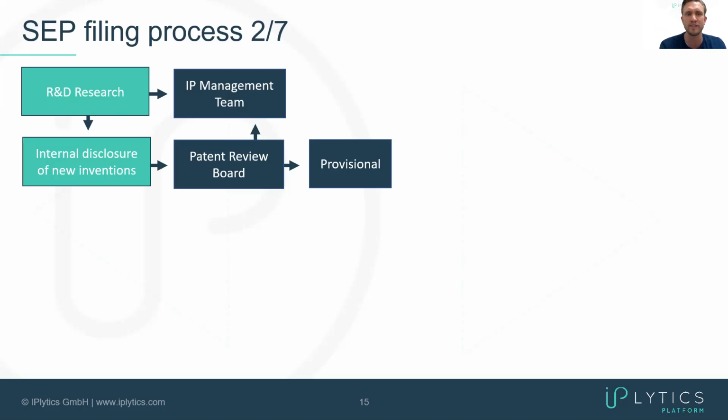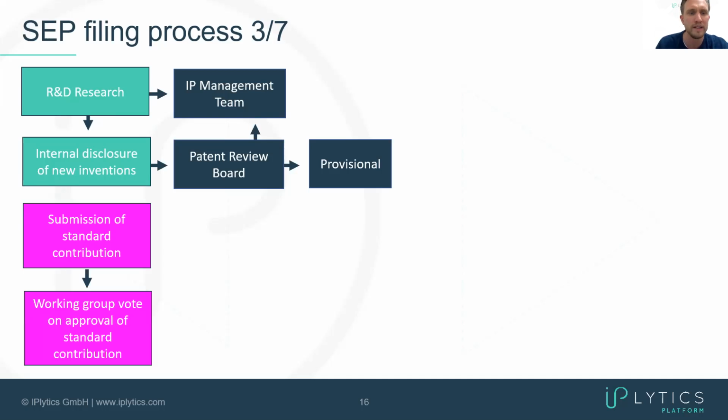These kinds of things are decided by the patent review board. And if they decide, yes, that invention is actually great, there's an inventive step, it seems novel, we should go for it, then they file a first provisional or a first priority patent with the office they decide to go for.